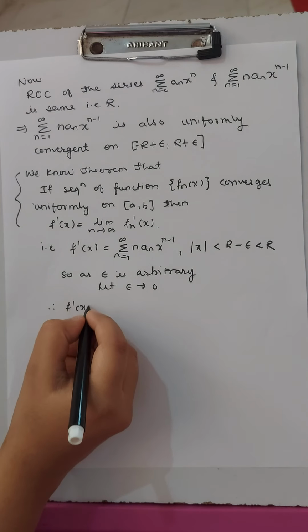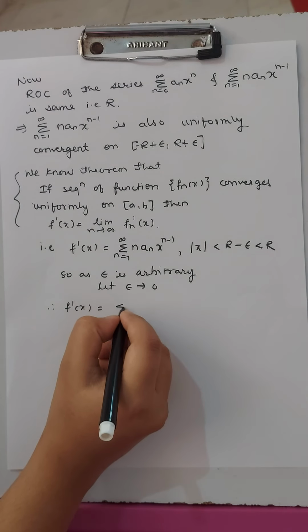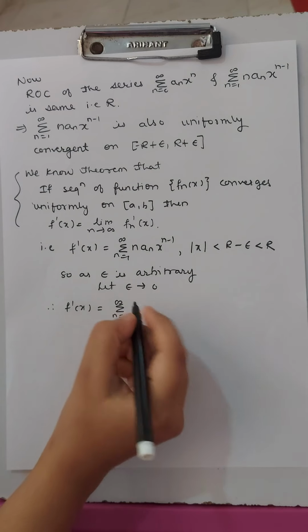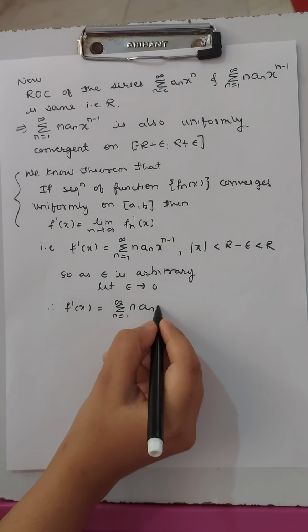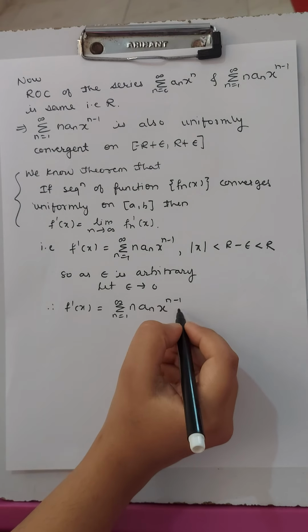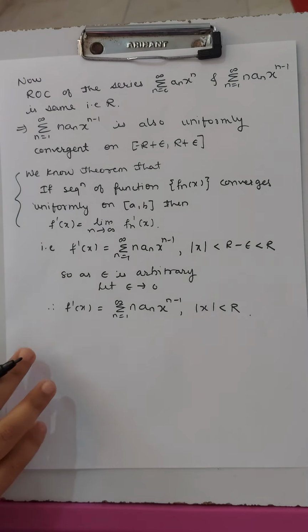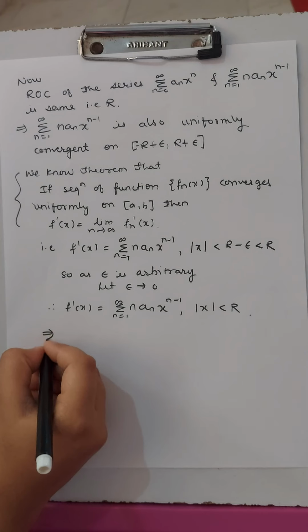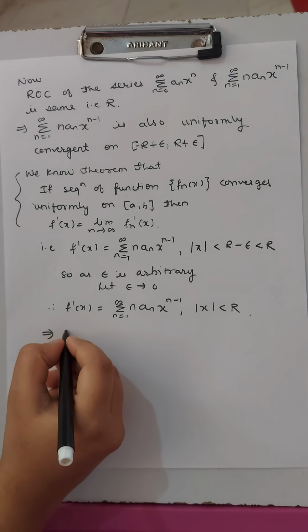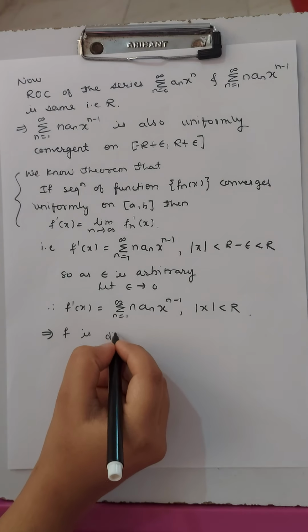Therefore f dash of x equals summation n from 1 to infinity n a n x to the power n minus 1 for mod x less than r. From this we can say that f is differentiable.